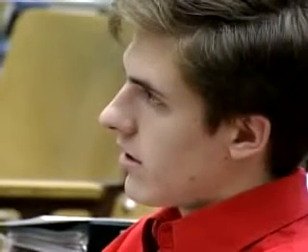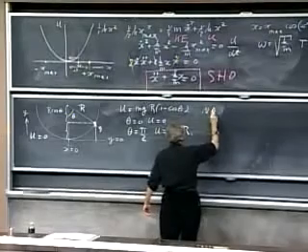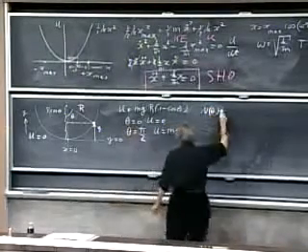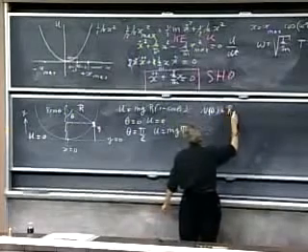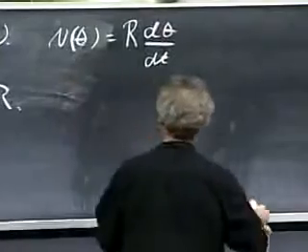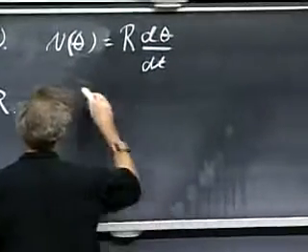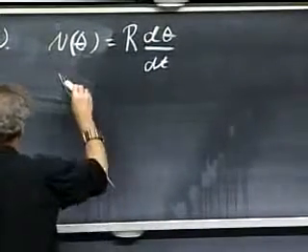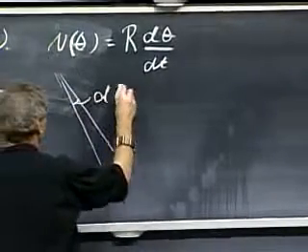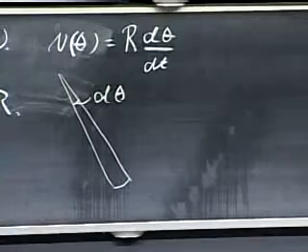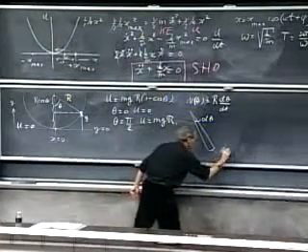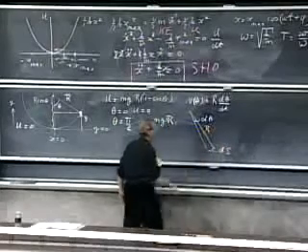The velocity of that object as a function of theta is given by r d theta/dt. And I can make you see that very easily. Let this be the angle d theta. So it moves in a short amount of time over an angle d theta. The arc here is ds, and the radius is r.